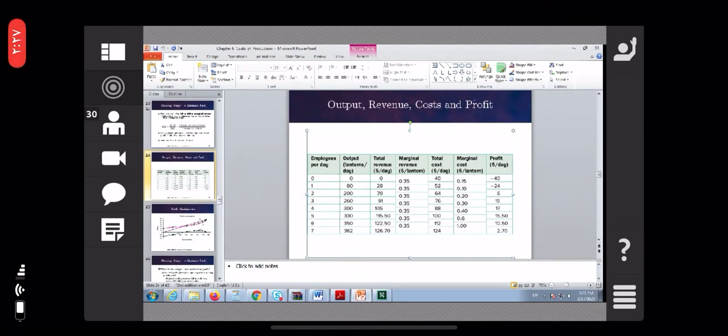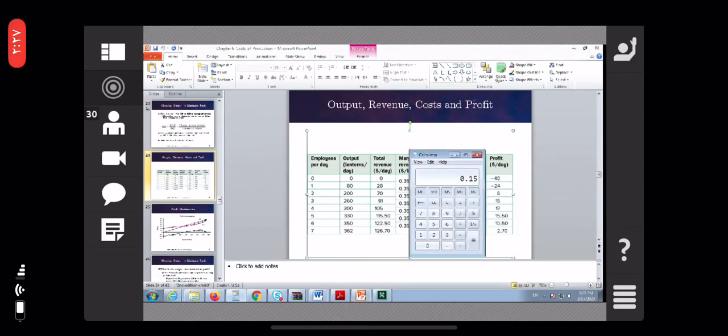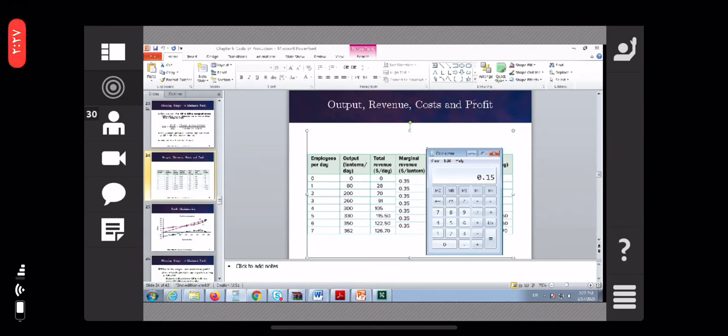Marginal revenue is the change in revenue resulting from a change in output. This is how I find marginal revenue: change from 0 to 80 in output is 80. Change in total revenue is 28, divided by change in output, 80, it is 35.